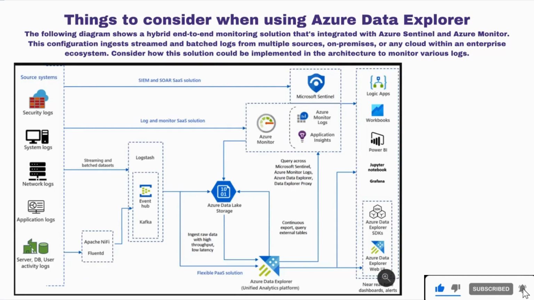So this comes like Microsoft Sentinel and Azure Monitor logs, Application Insights, streaming and batch dataset logs, Event Hub, Apache, and more. A lot of things over here you can see: Logic Apps, Workbooks, Power BI. So how are you going to monitor and implement like this?